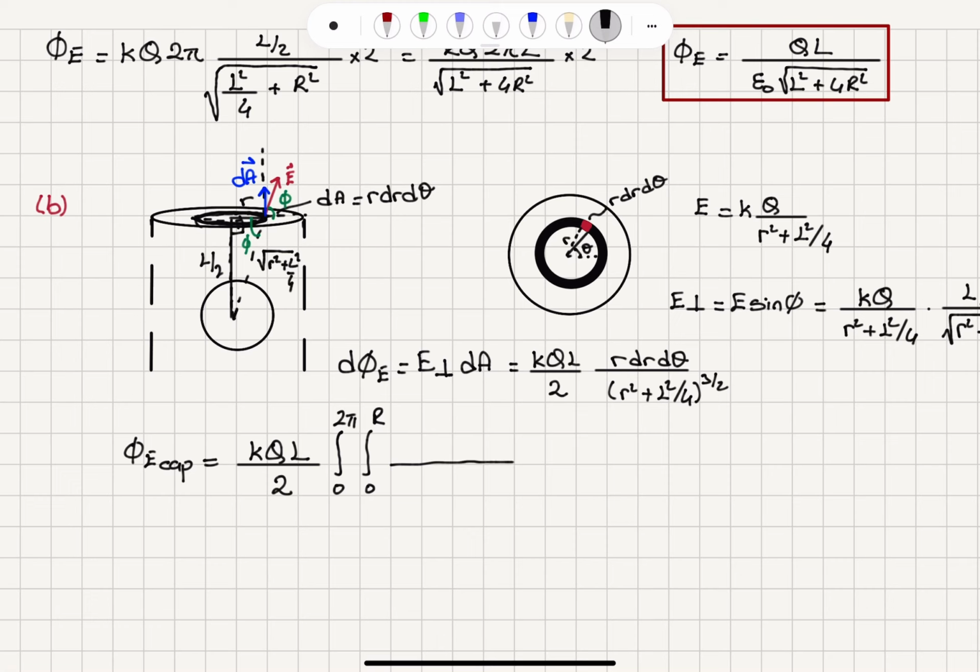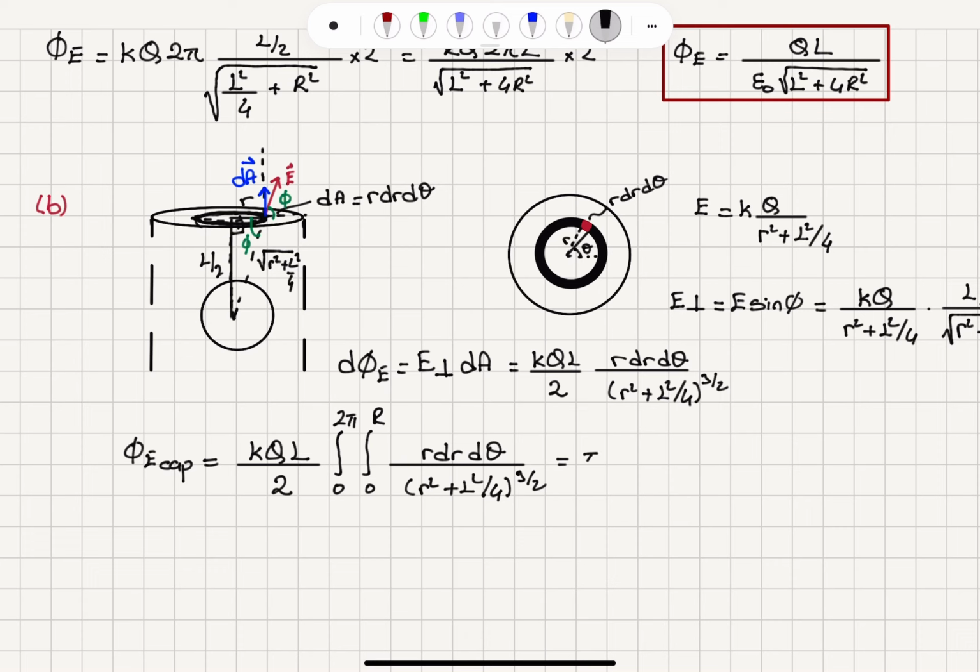And I have to integrate over all such rings. So they each have area r dr d theta, and I have r squared plus L squared over 4 to the power 3 over 2 at the bottom. Now this theta integral will just give me a factor of 2 pi. That's going to cancel this 2 and I will be left with a pi.